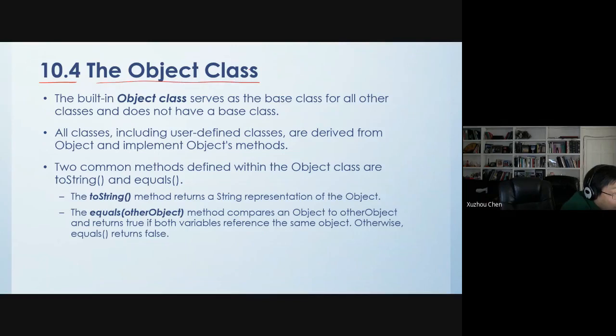Now, the object class. In Java, there's a class named Object. This Object class is defined in Java, but most of the time you may not notice there's such a class.